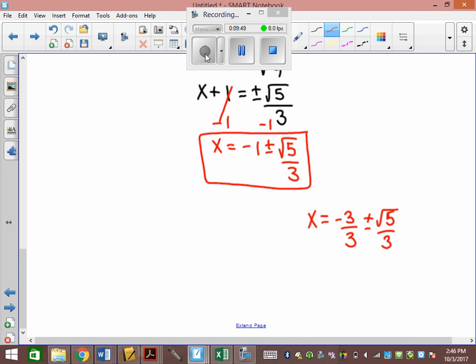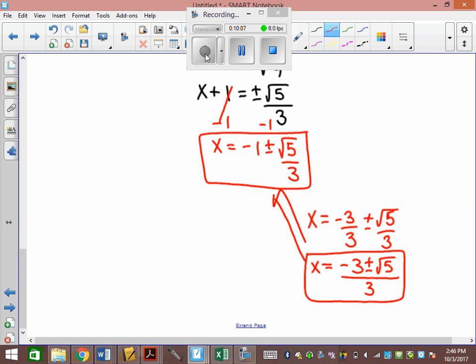Now they're both over 3, so I can write the top together. I can write it as (-3 ± √5) all over 3. So this answer here is the exact same as that one. It just depends on which multiple choice you have.